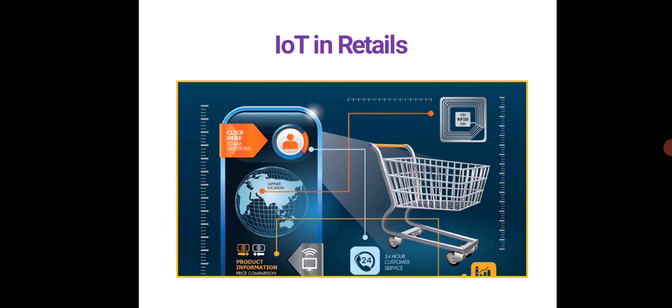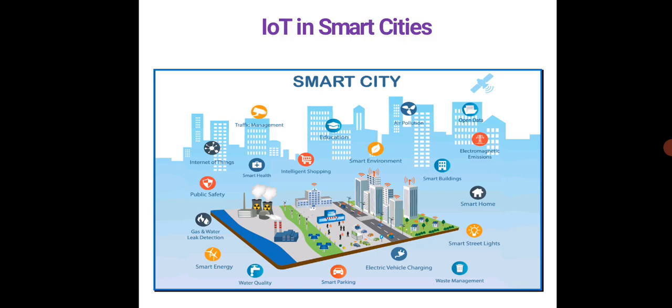IoT in retail is quite a big deal, where IoT is involved in retail markets and gives you all the customer services. Then smart cities: nowadays you can see a lot of smart cities coming up, where the entire city will be monitored or controlled through various parameters.